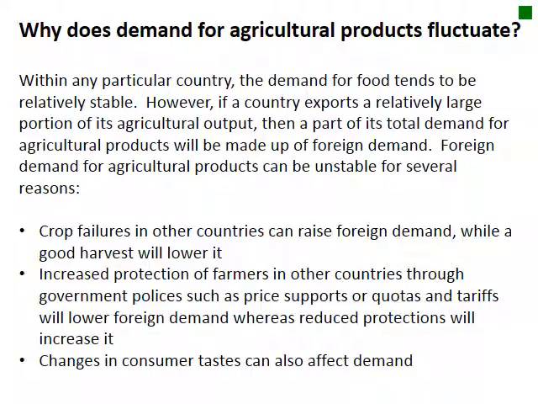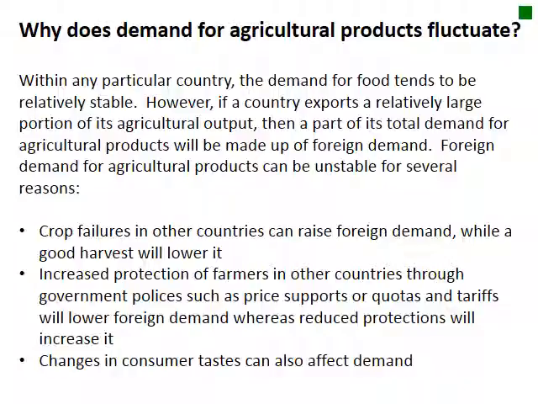And why does demand for agricultural products fluctuate? Well, within any particular country, the demand for food is relatively stable, so the price elasticity of demand is not great. But if a country exports a relatively large portion of its agricultural output, then a part of its total demand will be made up of foreign demand.